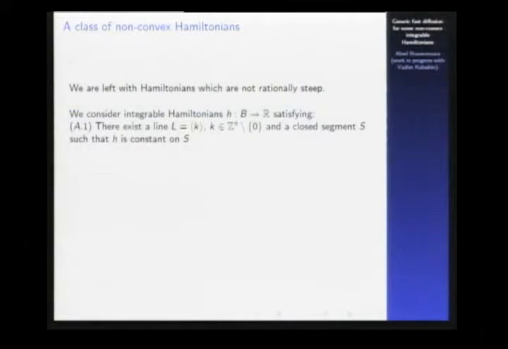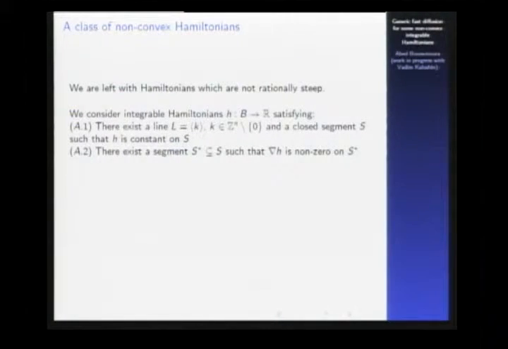So clearly you see that you already remove convex functions, and you remove steep functions, because if you consider the restriction of H to this line, then your closed segment is a segment of critical points for this restriction. So clearly non-steep, okay? And I have an assumption also, which in generality you can remove, I guess, but let me put it here.